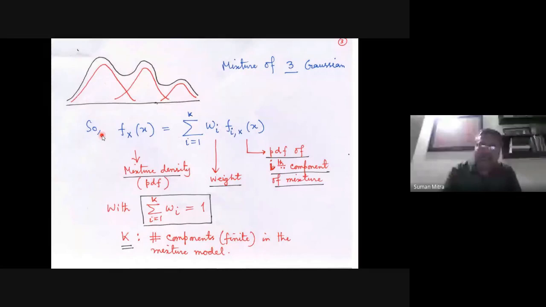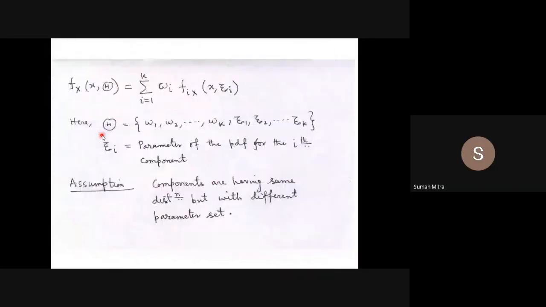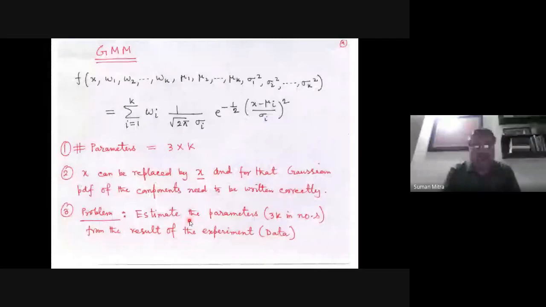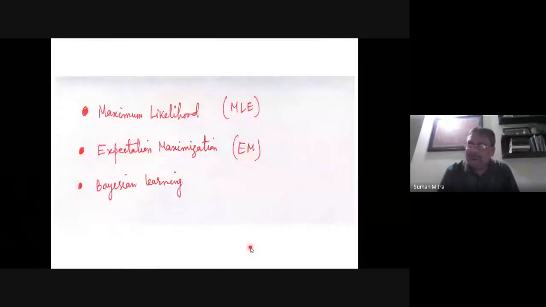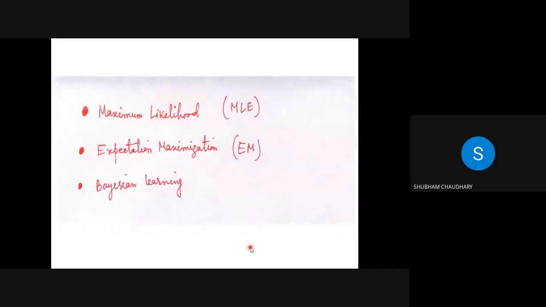So the problem is to estimate the 3k parameters from the result of the experiment, which we call data. Got it? Any question at this point? No question? So can I go ahead?